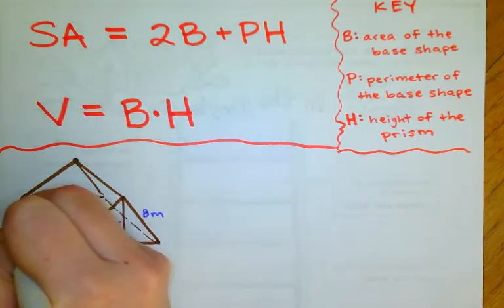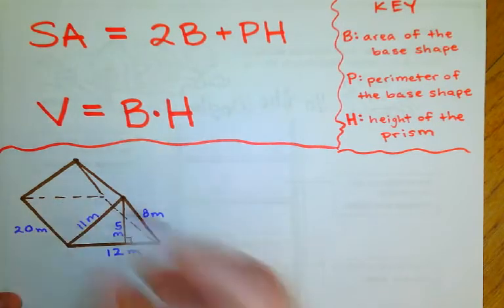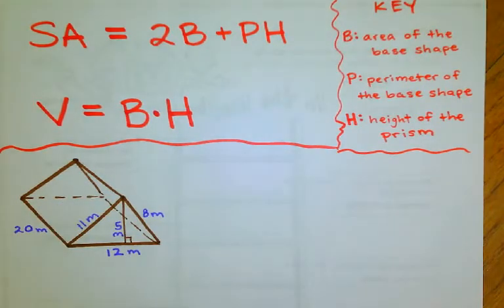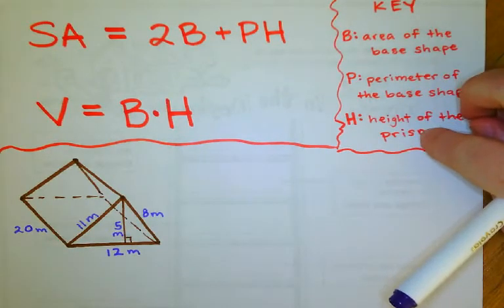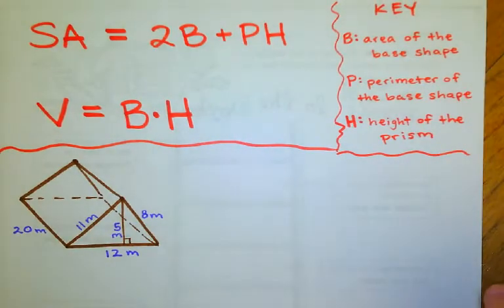And 20 meters. Alright? Now, what I suggest doing on any of these problems is first just find your B, P, and H. And once you know what those numbers are, then you can straight up plug them into your formulas for surface area and volume.